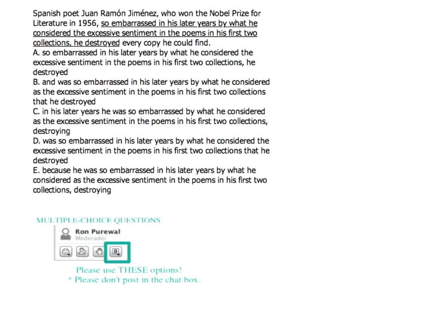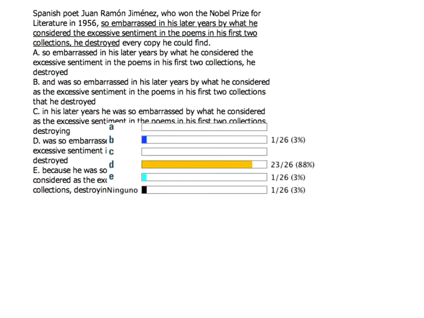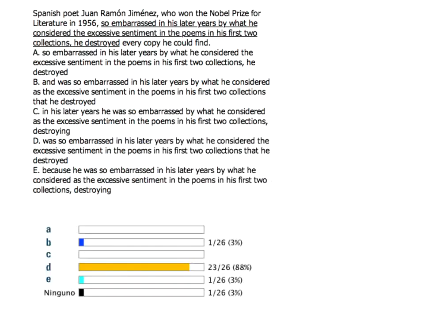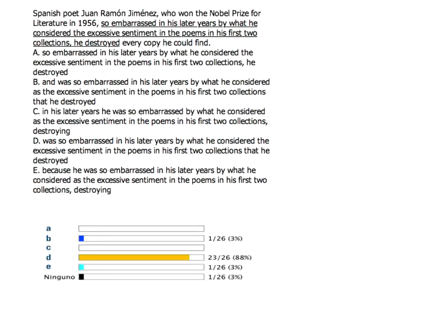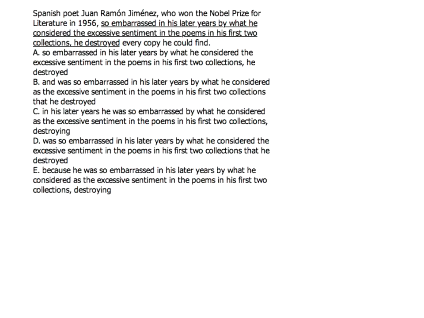Okay, so here are your responses as a group. We got a pretty overwhelming majority on this one, so we can probably go through this one more quickly. Almost everybody is picking D here, so if D were wrong, we would have an issue there, but let's go through this sort of quickly.